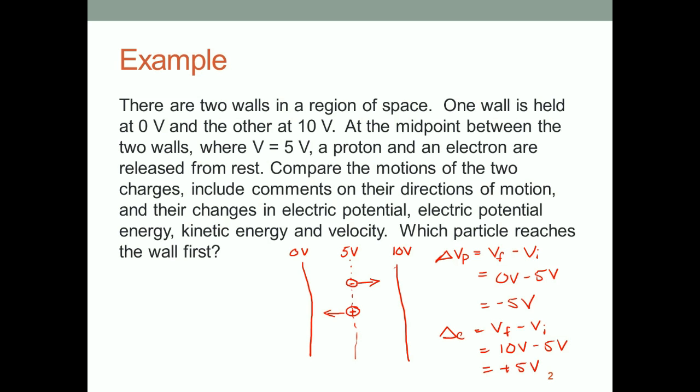Okay, so far we have that they go in opposite directions, and their potentials change by the same amount, but with opposite signs. The proton moves to lower potential, which means it loses electric potential. The electron moves to higher potential, so it gains.